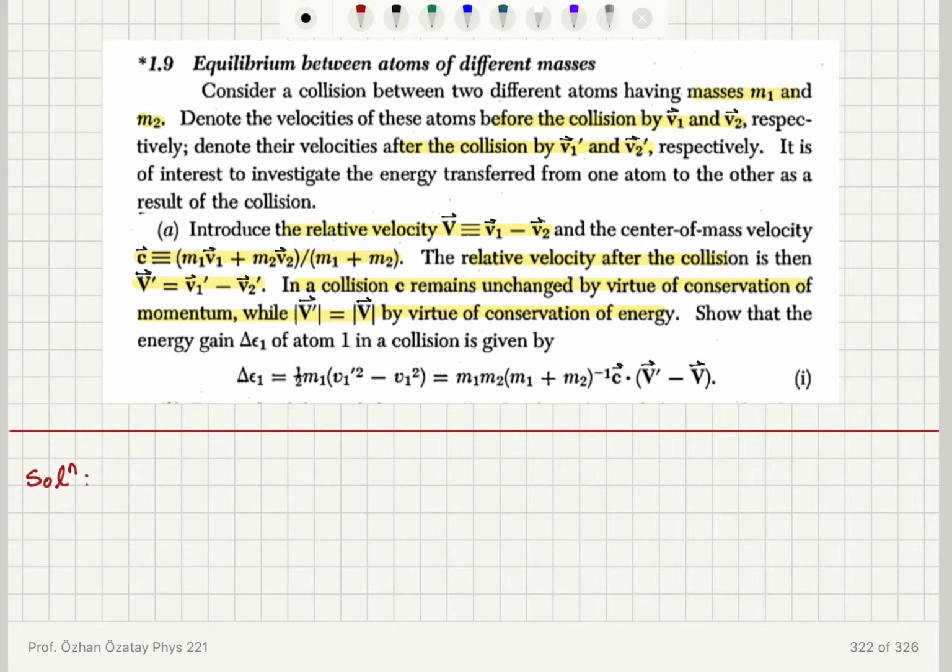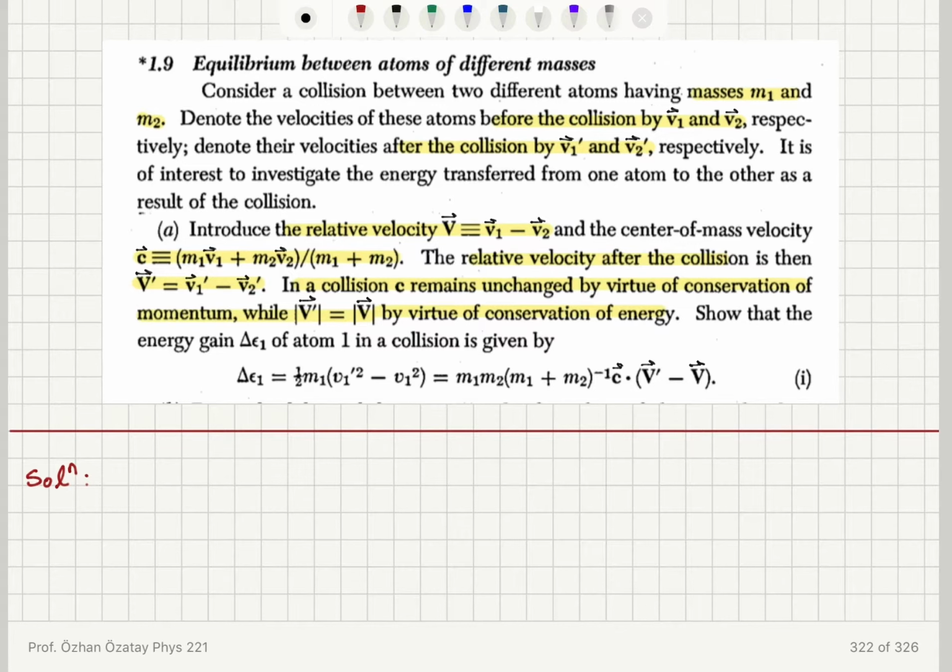Show that the energy gain delta epsilon 1 of atom 1 in a collision is given by 1 over m1 (v1 prime squared minus v1 squared) is m1 m2 over (m1 plus m2), times the center of mass velocity dot product with the difference in the relative velocities after and before the collision.